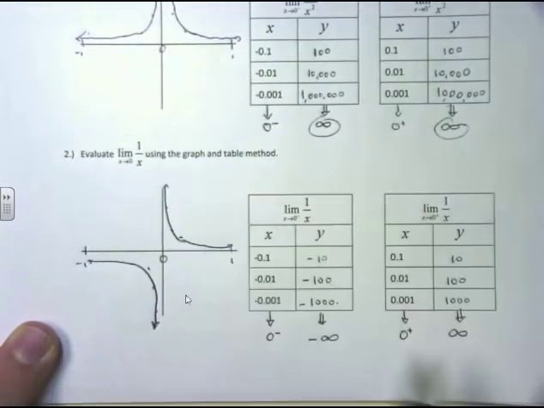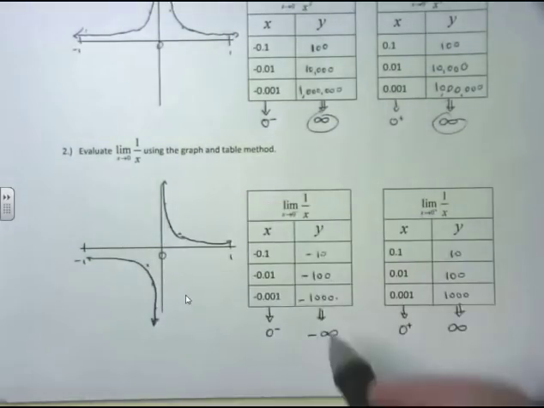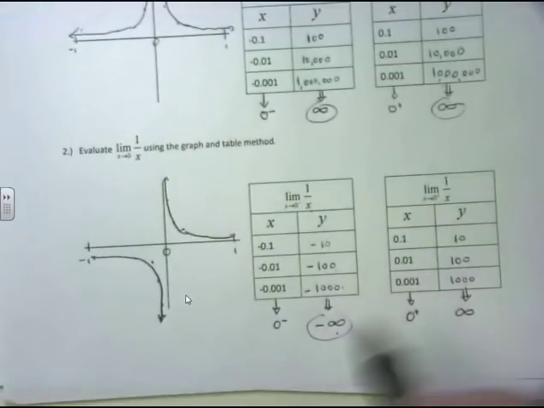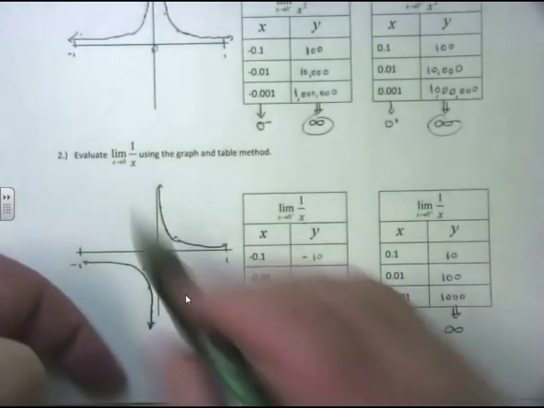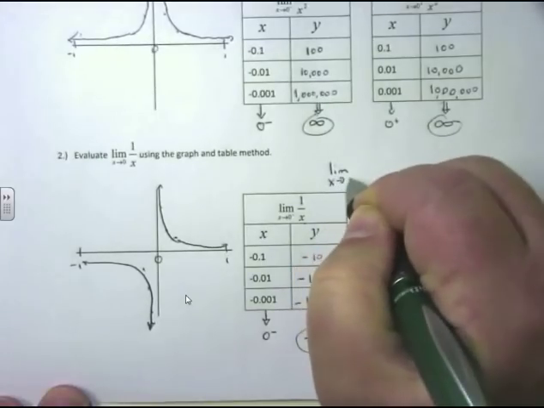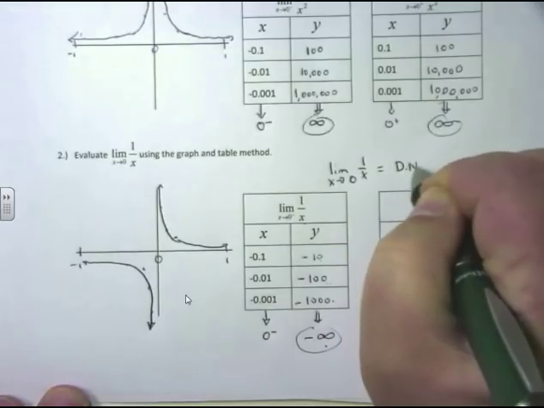It looks like this. So right here at 0, because the limit from the left is going to negative infinity and the limit from the right is going to positive infinity, one's going down, one's going up, we would say the limit as x approaches 0 of 1 over x does not exist.